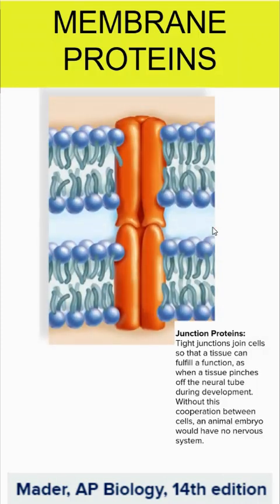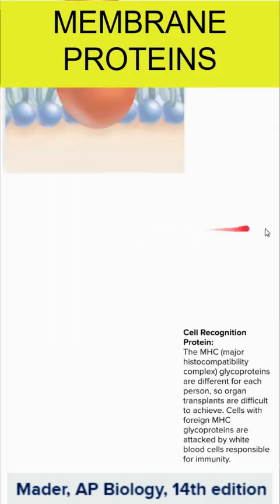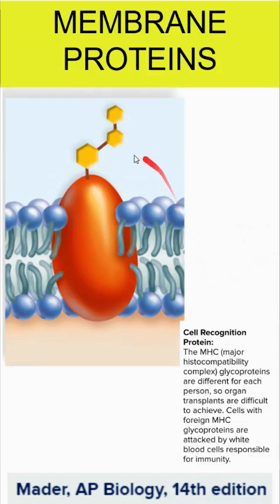So we can have junction proteins. With certain organs, the cells need to stay anchored to each other to carry out specific purposes. So proteins can anchor cells to one another. We can also have cell recognition proteins that have different kinds of carbohydrates attached to the outside.